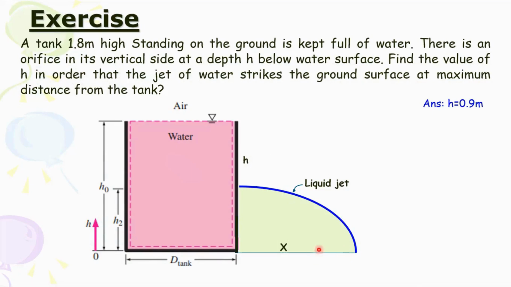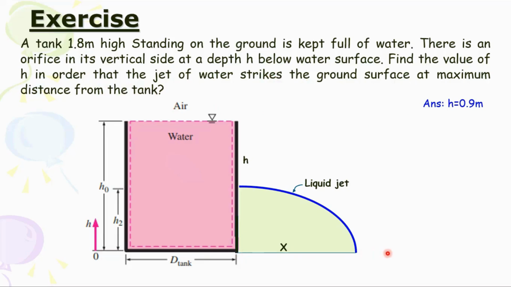So as an exercise, please try this one. You have a tank of 1.8 meter height standing on the ground, kept full of water. There is an orifice in the vertical side at a depth h below the water surface. Find the value of h in order that the jet of water strikes the ground surface at maximum distance from the tank. So what will be this distance?